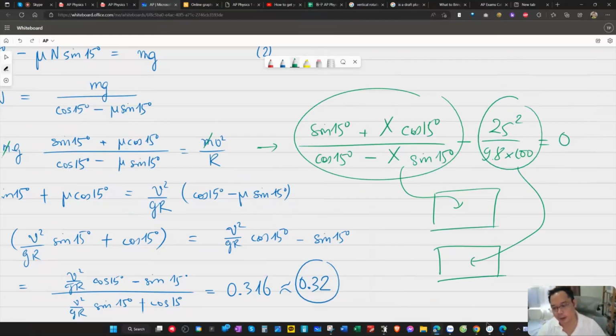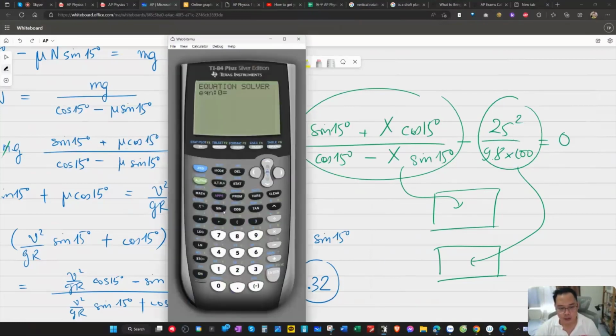For my calculator, I enter the above equation. Sine 15. Don't forget to close the bracket, and then add it with x, the variable, the mu we need to find, times cosine 15 bracket. Actually, I need another bracket in front of that, so I missed a bracket in the front, and I need to type it in again. So annoying, calculator.